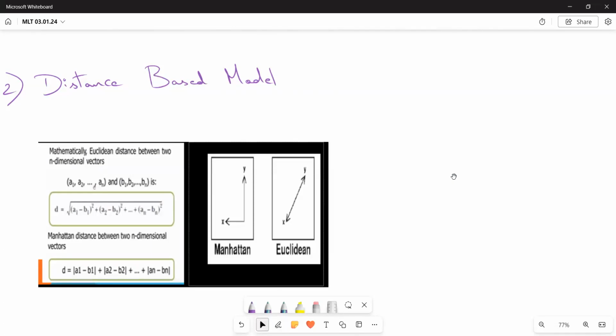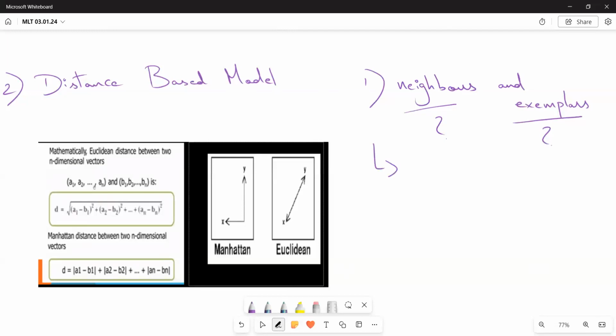So your main concepts applied through your distance-based model are neighbors and exemplars. What are these neighbors? Like I've told you, these neighbors are considered as points of proximity.